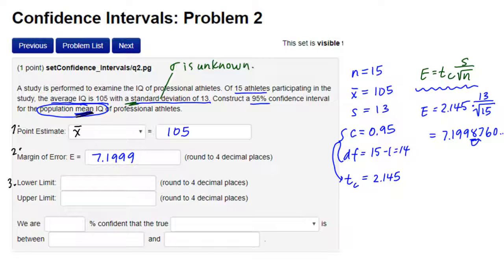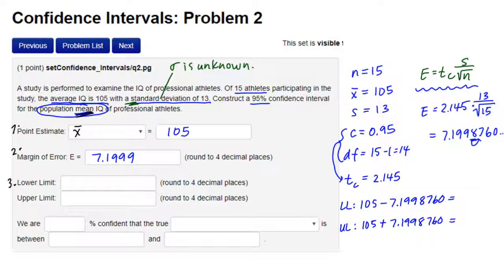To find the lower limit, we simply take the point estimate, 105, and subtract the margin of error. Don't round that margin of error when making the subtraction. And same thing for the upper limit, but remember a plus. Get those upper and lower limits.